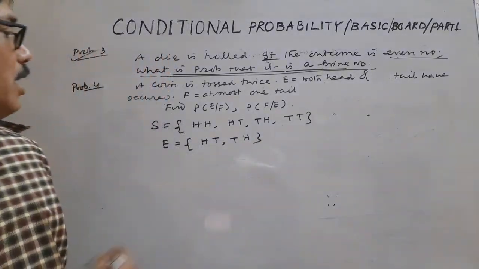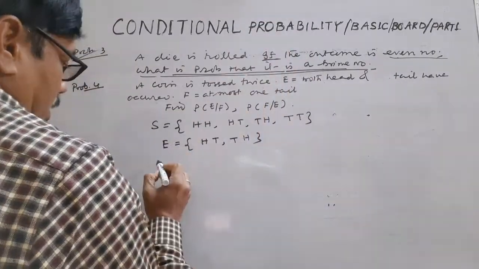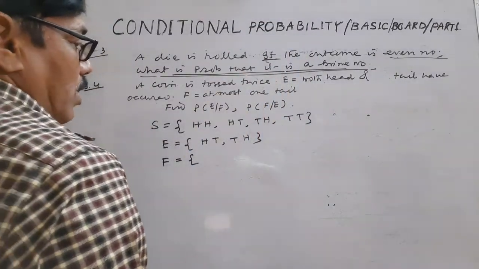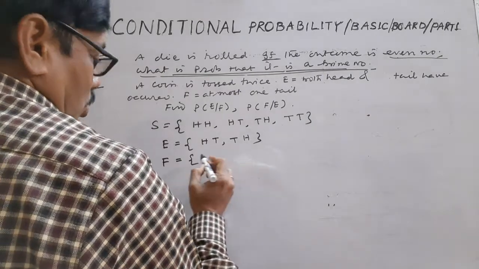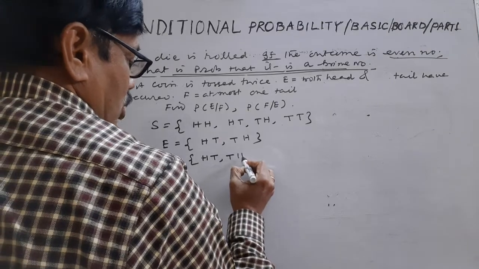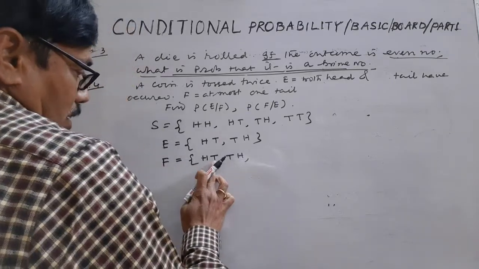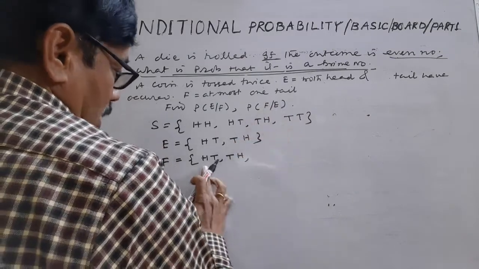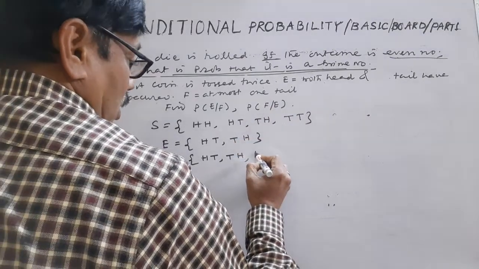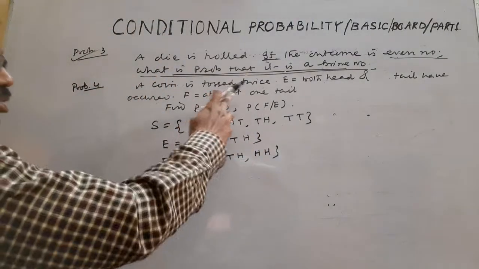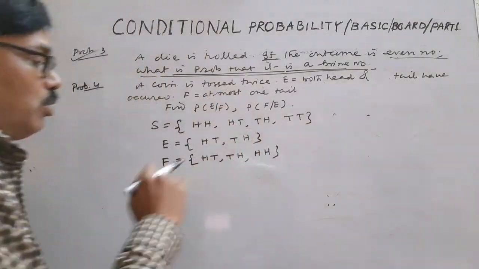And F equals at most one tail, maximum one tail. So this is HT, TH, one tail. So maximum one tail or no tail also, that is HH. So this is to be noted: at most one tail or no tail.